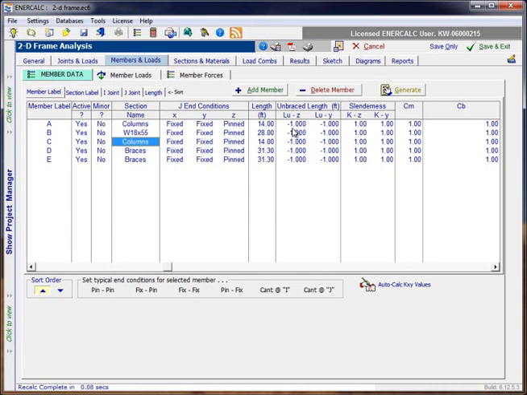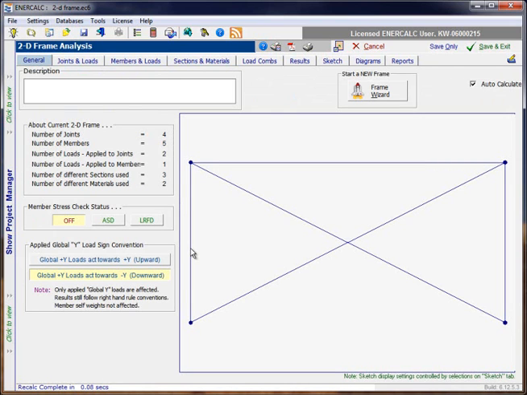Now let's just assume that that is what we want to do in this model for the columns and for the braces, but perhaps we'd like to do something different with the beam.